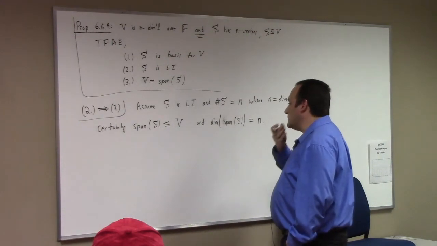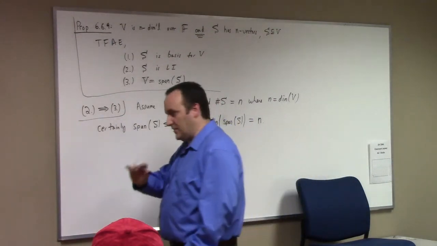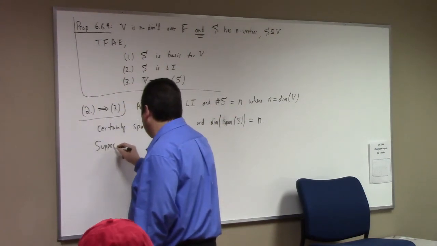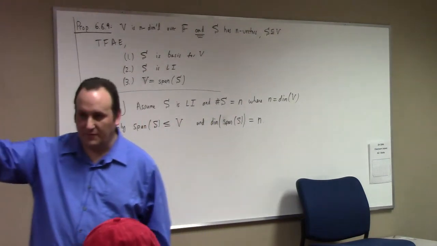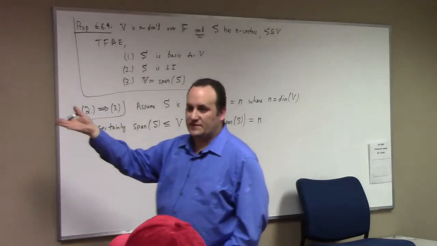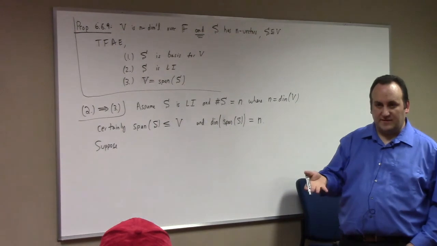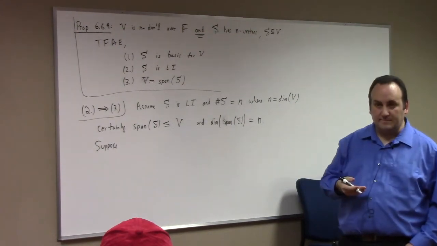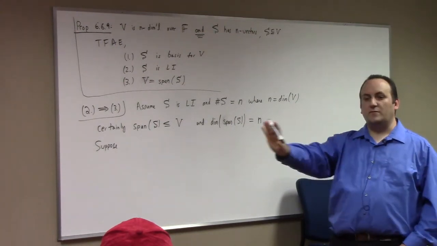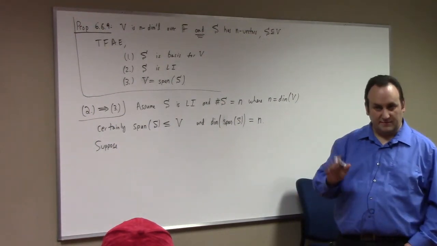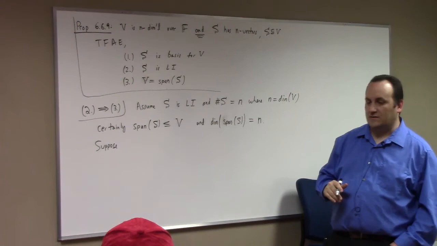Suppose it were not true. If you accept that I've completed the proof of the previous theorem, we're done, because we've shown that the subspace has the same dimension as the total space, which means that the subspace is the whole space, which is what we're trying to prove for 3. Suppose you mistrust my proof of the previous theorem, which was incomplete. How would we actually supply detailed arguments here?